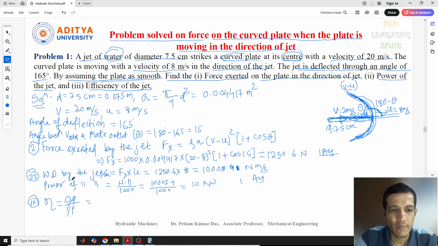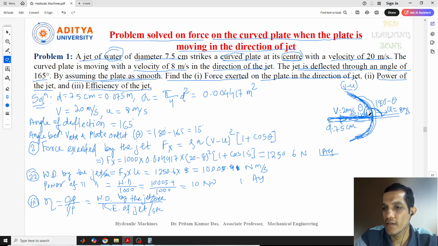Output is the work done by the jet per second. And the input is the kinetic energy of the jet per second.